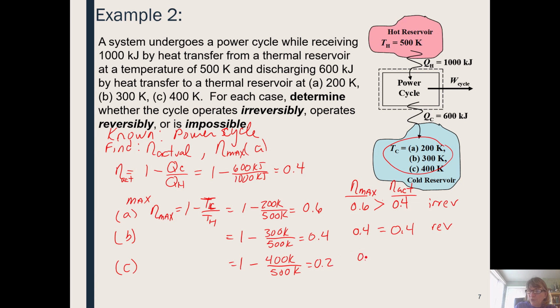So if our max efficiency is only 20% and our actual is 40%, so our actual is greater than our max, then this is an impossible situation. It doesn't happen. So one thing about the second law, it tells us if our process can actually occur, and this is one thing that we can use to look at that.